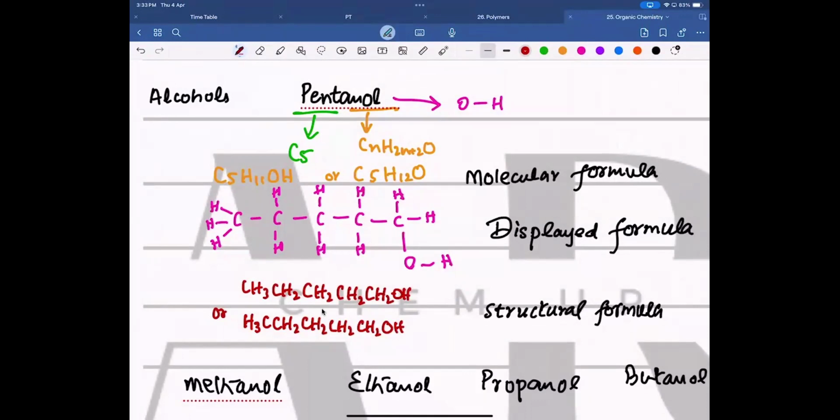Do all of them quickly with their molecular formula, displayed formula, and structural formula. But now we have a different thing. We have an OH in them. That's the difference.